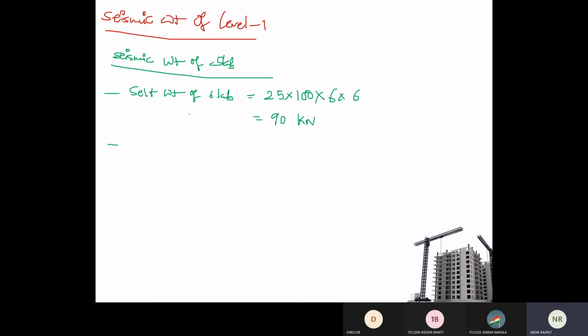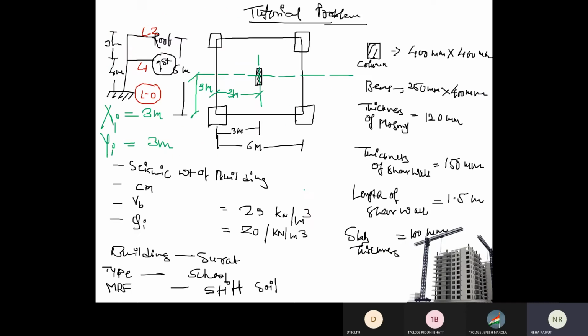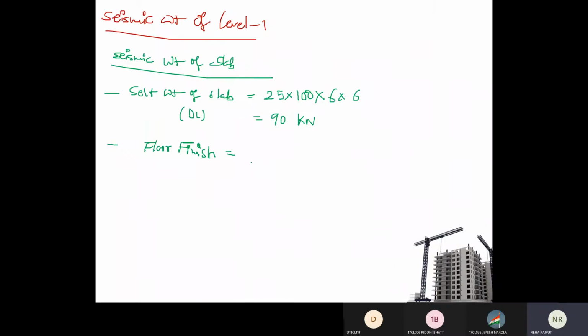Now this is called the dead load. Self weight of slab is dead load. Now if floor finish is given, then if floor finish is given or not? No. Suppose floor finish is given like 1.5 kilonewton per meter square. If the floor finish is given as 1.5 kilonewton per meter square, then to convert this floor finish into kilonewton, you need to multiply with area of slab.